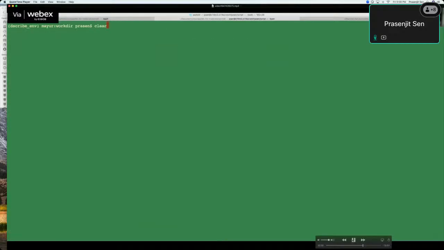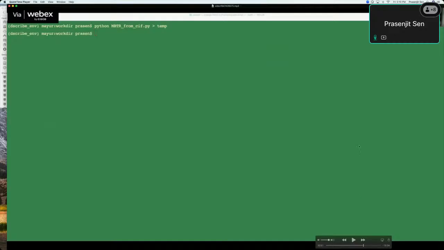So again, I'll try to plot it. I store it, and then I have another plotting script. I just run it, and here is the plot that you see.